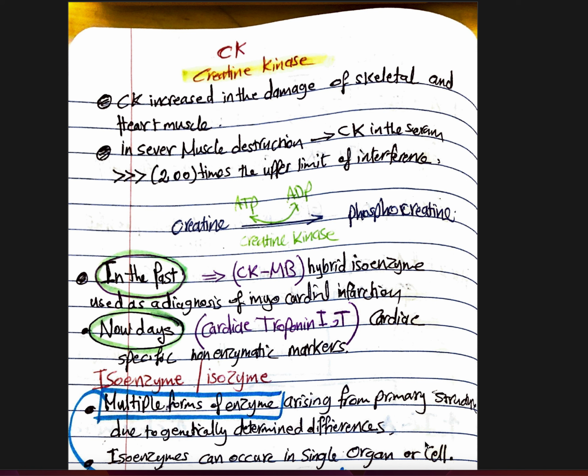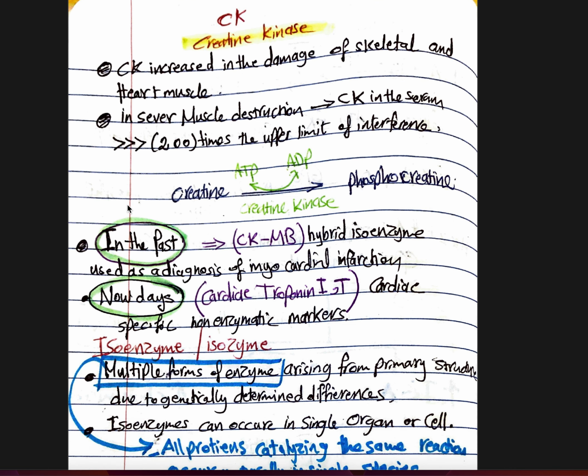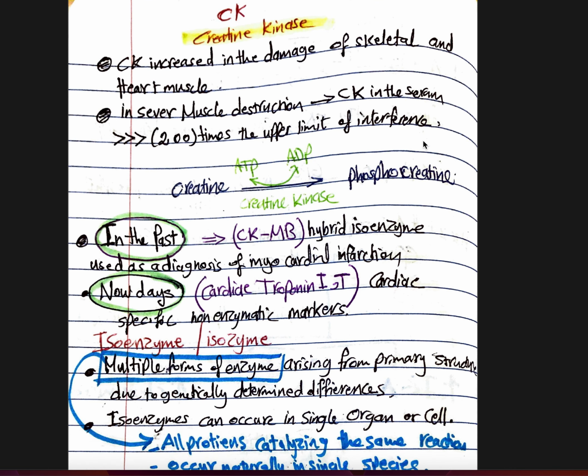So in damage of the muscle, whatever the origin, whether skeletal or heart muscle, the enzyme increases. In severe muscle destruction, serum CK will be more than 200 times the upper limit of the reference interval. But the question is, what is the function of creatine kinase?